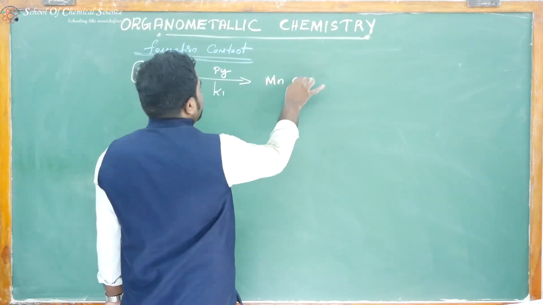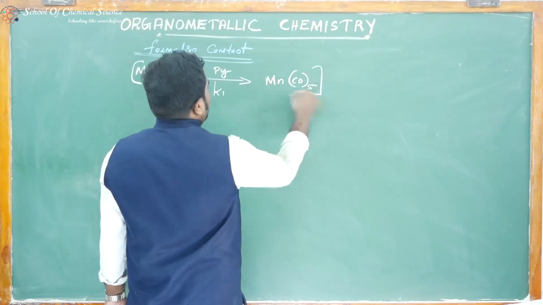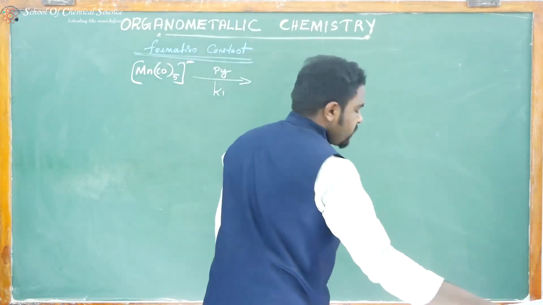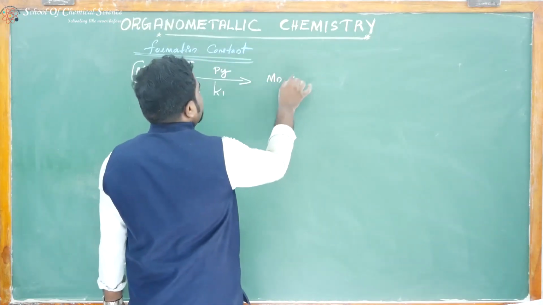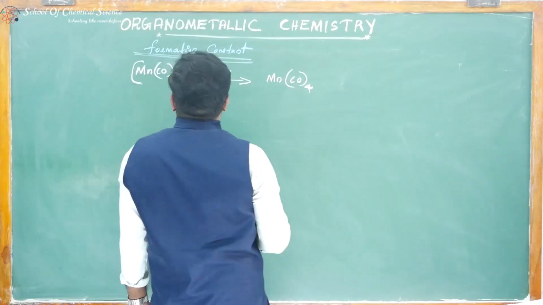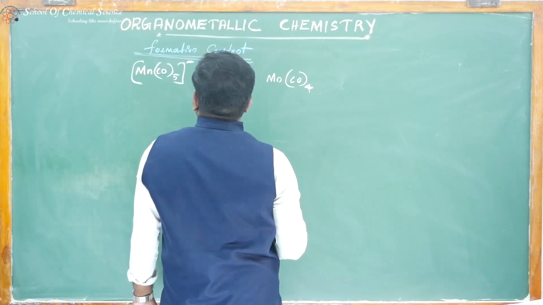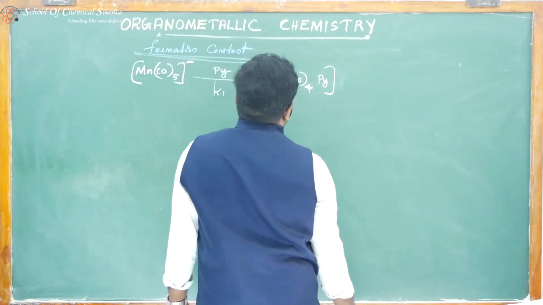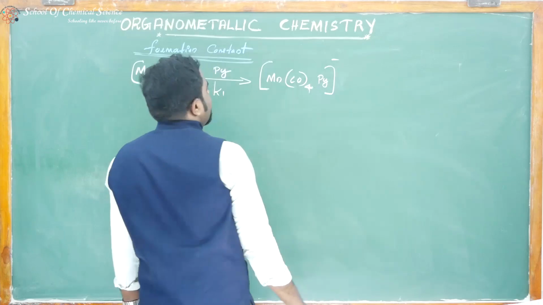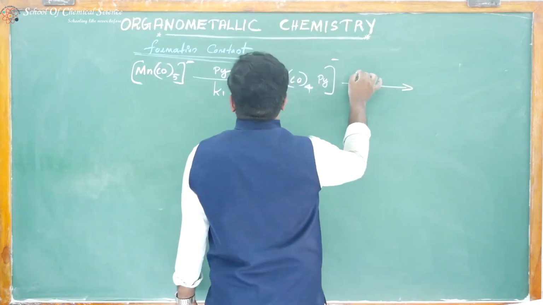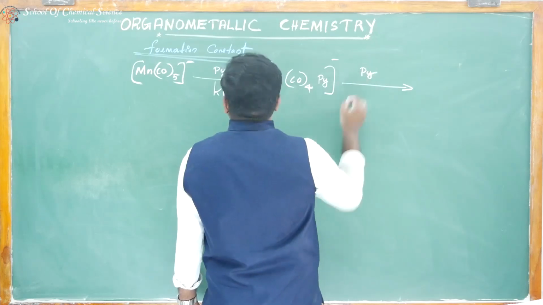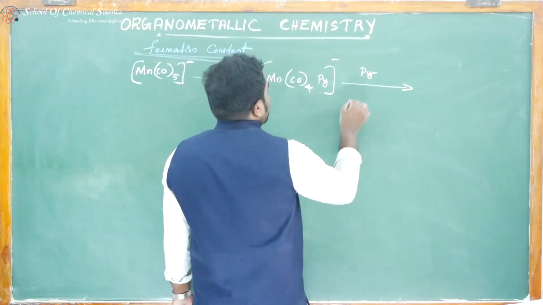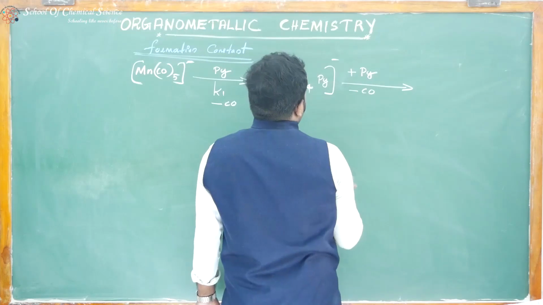This becomes MnCO4Py minus. In the next step, again the next pyridine comes and one carbon monoxide is eliminated: plus pyridine, minus carbon monoxide.